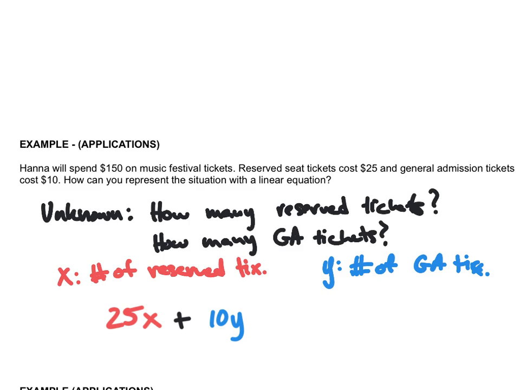The total that Hannah is spending is $150 on those tickets. And that's the idea. That's how we set that up. A lot of times in these kinds of problems, you have two unknowns that add together to some sort of total.